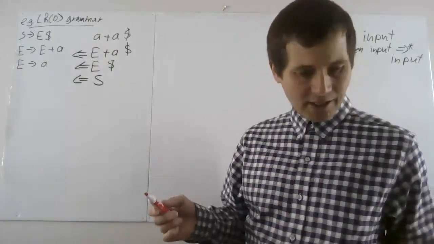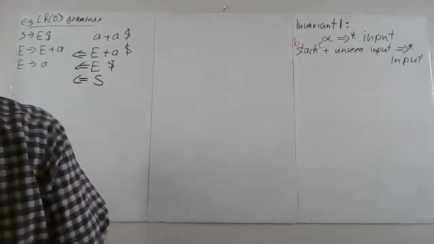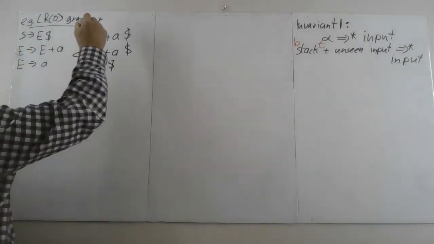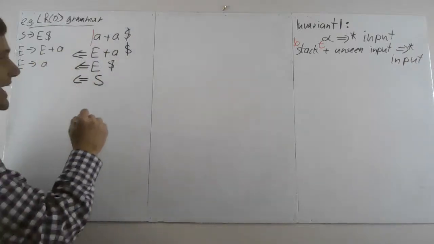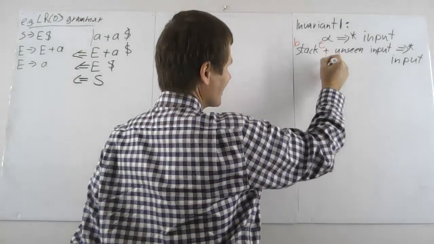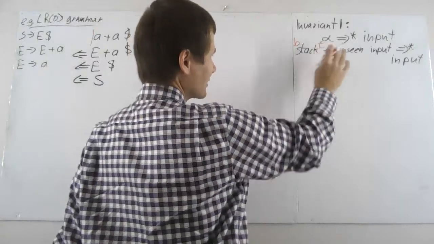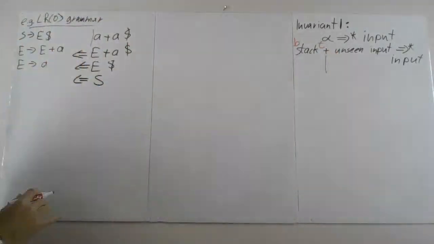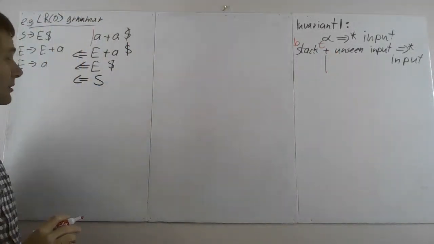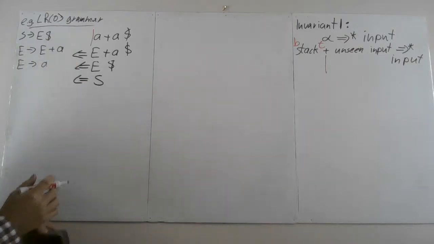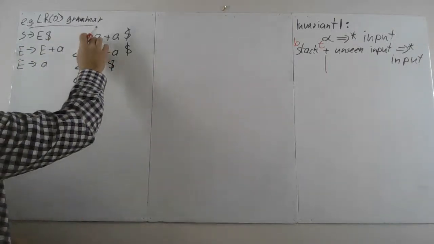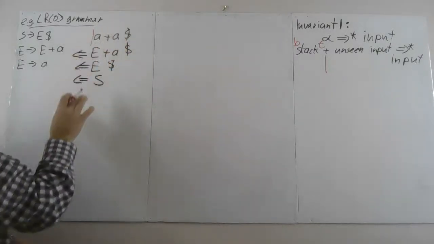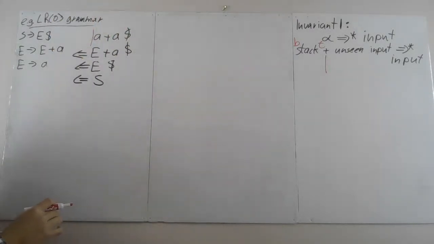And just to illustrate a bit more with this example, I'm going to draw a red line like this as the boundary between the stack and the unseen input. So at the very beginning, we start with our stack being empty, and the unseen input is the whole input, a plus a dollar sign.